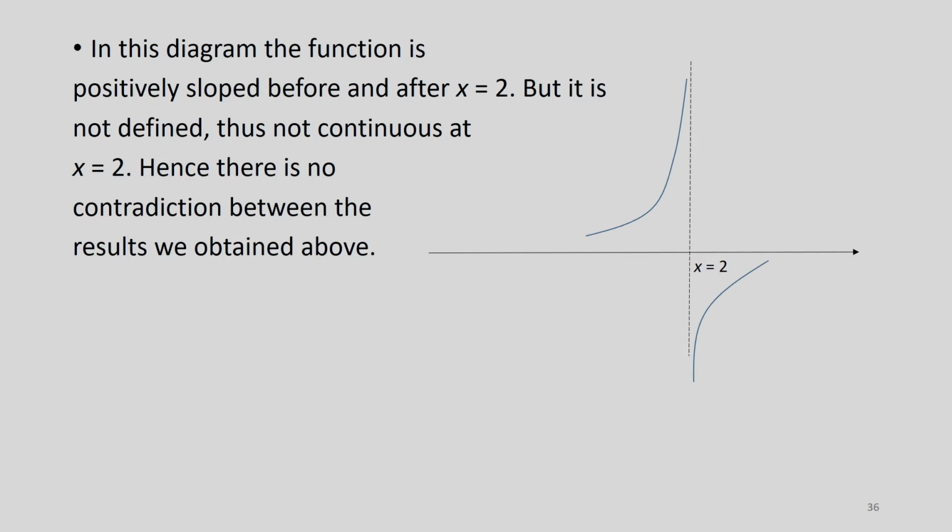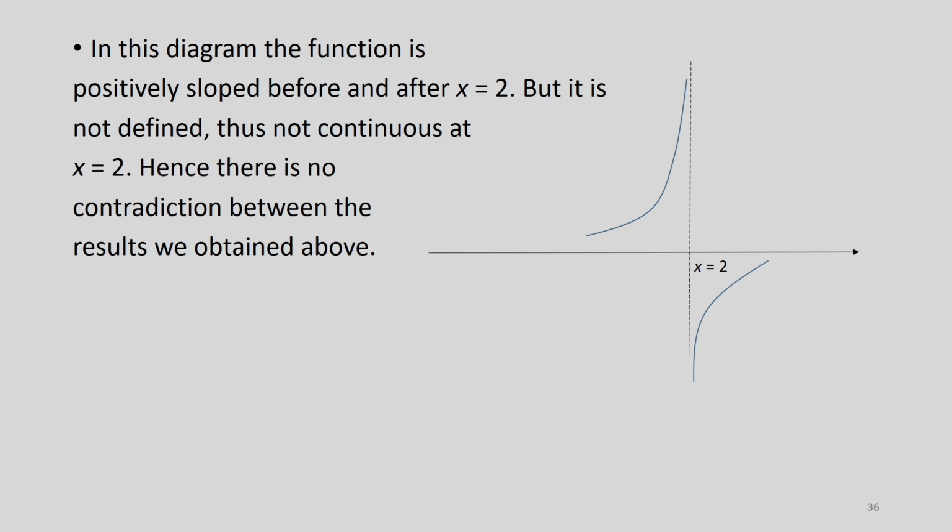What we have is something like this. Again, this is just an illustration, not an exact representation of this function. This function is discontinuous at x is equal to 2, at x is equal to 2 it is not defined. Before x is equal to 2 you can see it is increasing, after x is equal to 2 again it is increasing, right.